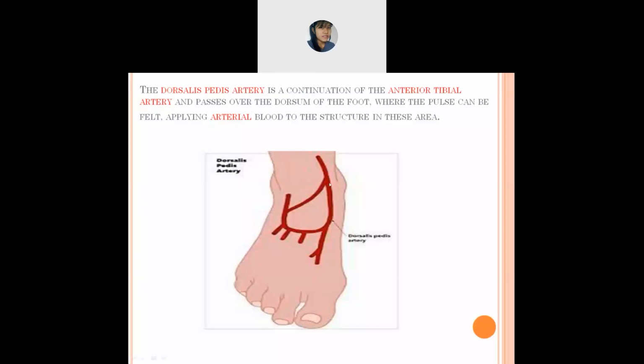Arterial blood is supplied to this area by the dorsalis pedis artery, and you will be able to feel your pulse. Is it clear? Yes, ma'am. Okay.